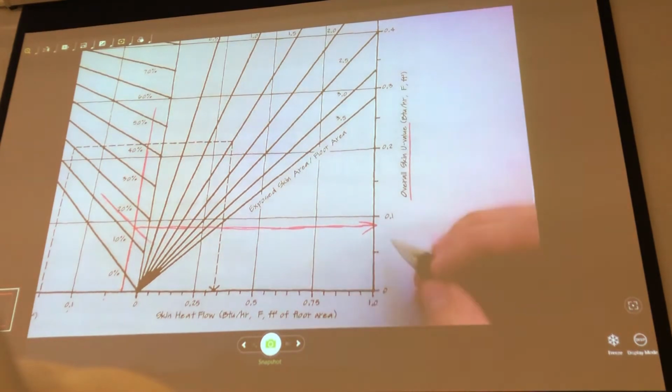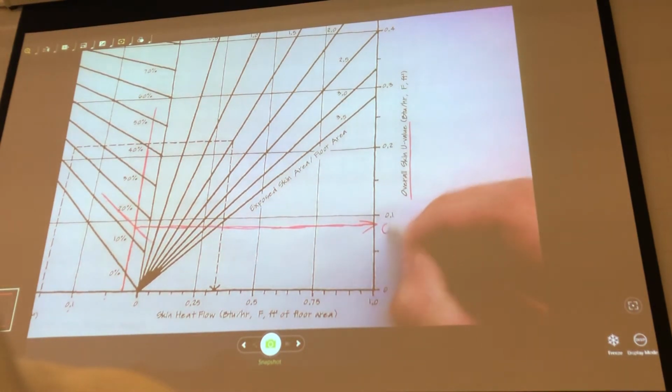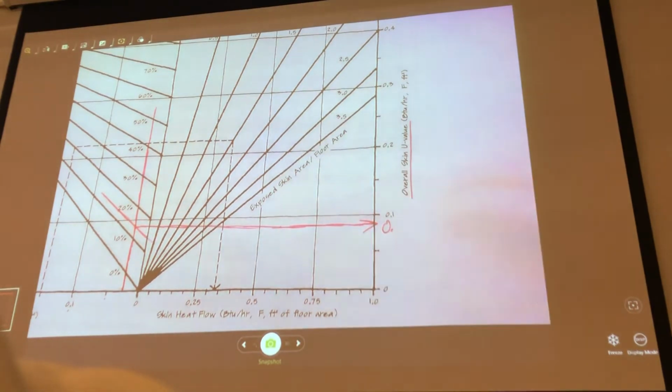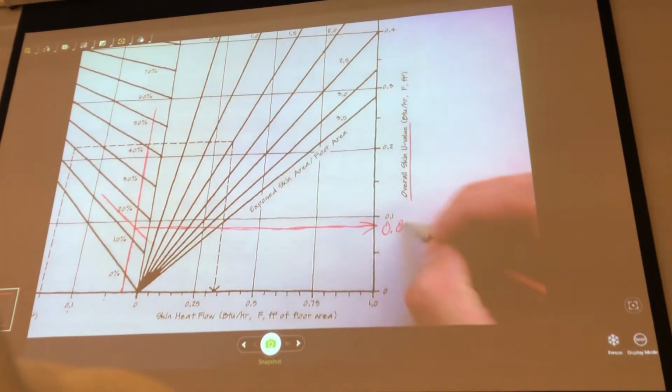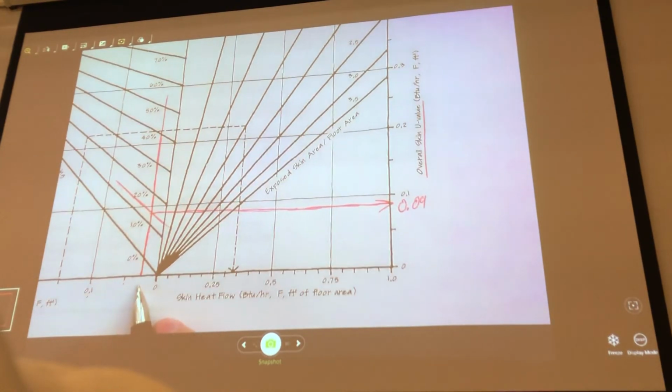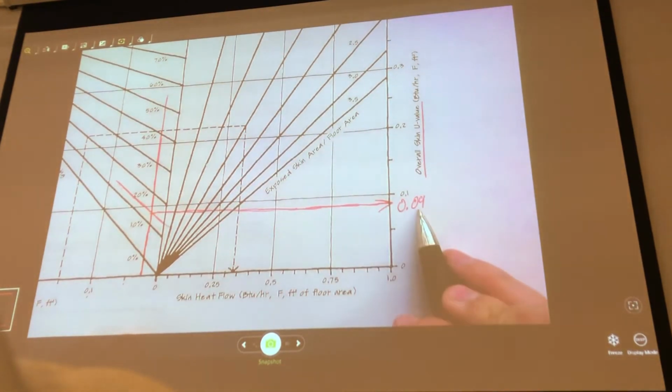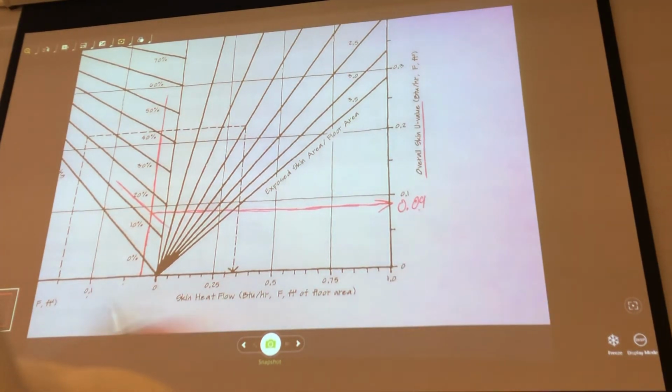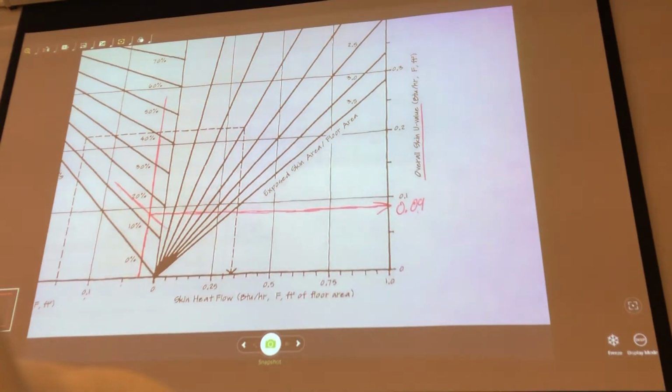So in this case, our overall U value is somewhere around 0.085 to 0.09. Obviously, with the amount of glass that I have, that made a drastic difference between that 0.02, now I'm all the way up to 0.09. That's a big difference. That's a big jump. I don't know if I've got too much glass. I probably do. But, oh well.